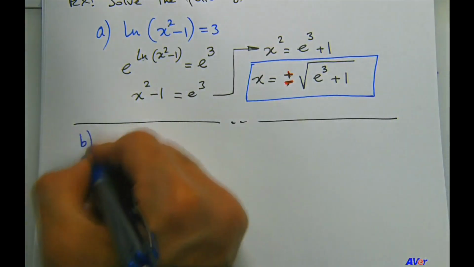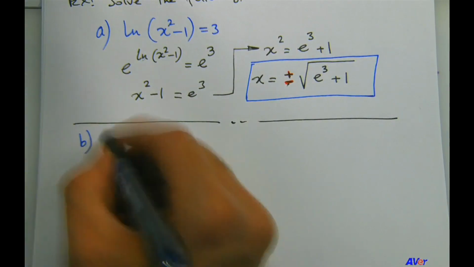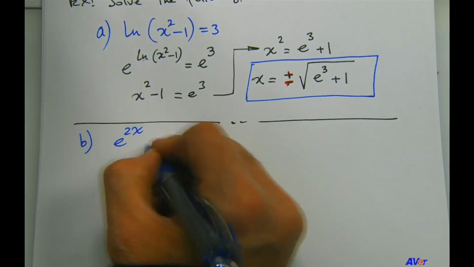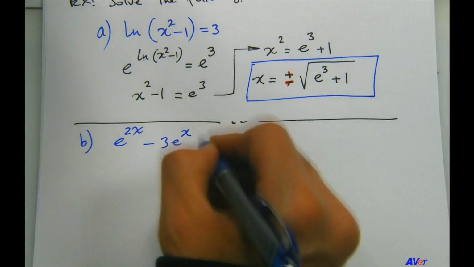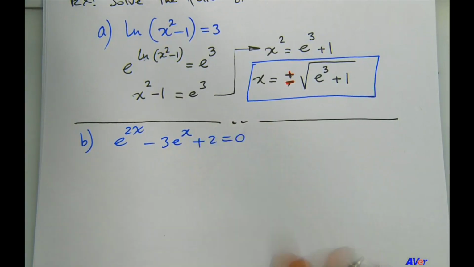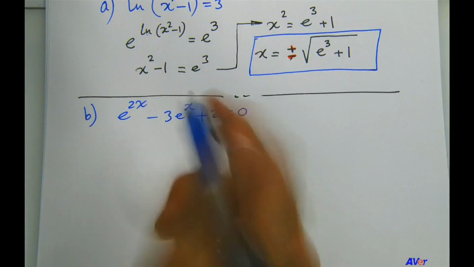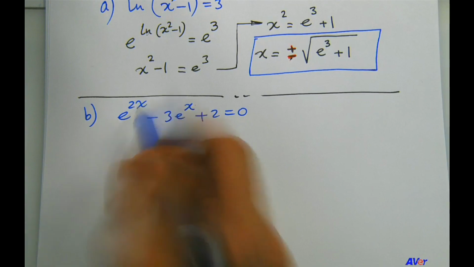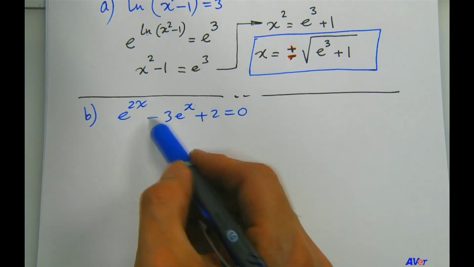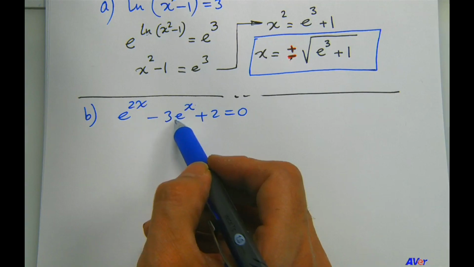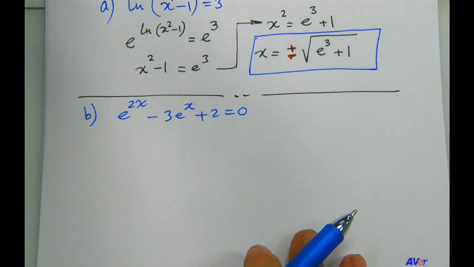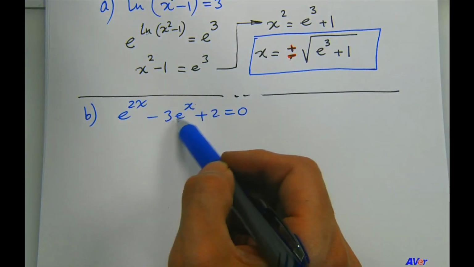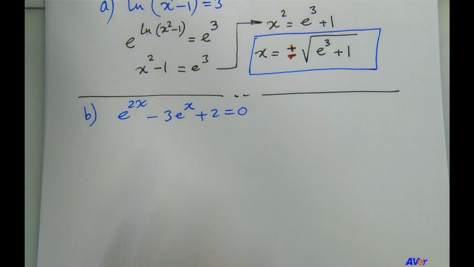Okay, so for part B, we have e to the 2x power minus 3 times e to the x plus 2 equals 0. Whenever you see e to the x and then e to the 2x, it hints that we might be able to write this expression as a quadratic equation or factor it in some way.